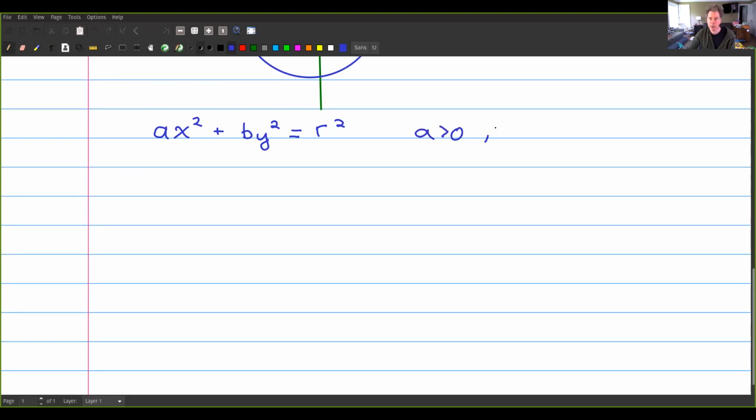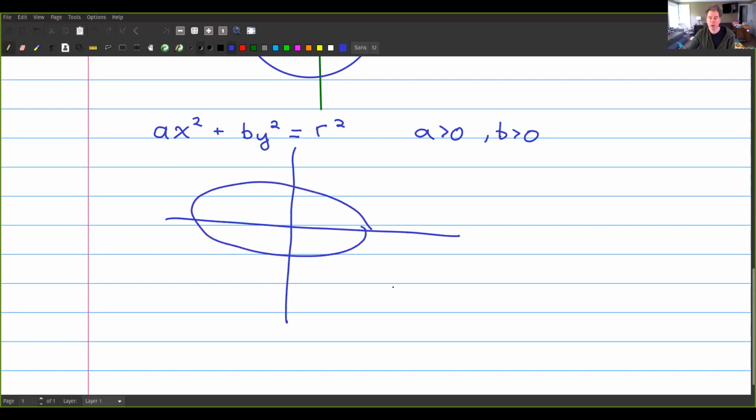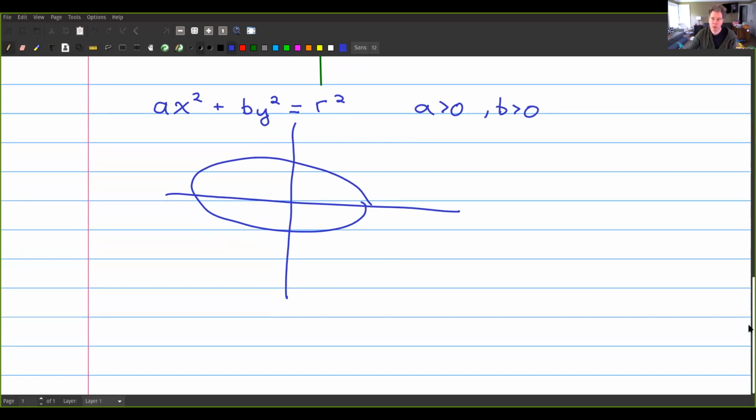But if A and B are positive here, then you can exaggerate the circle in one dimension or another, and so you get something more like an ellipse, so that's a curve that's an ellipse, but elliptic curves surprisingly are not curves that describe ellipses. It's something else. So a curve is just a set of points that satisfy an equation.